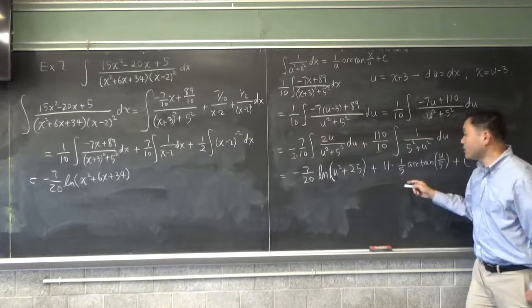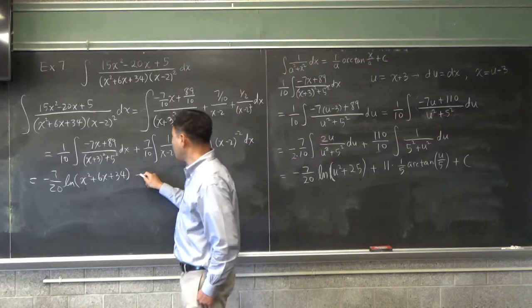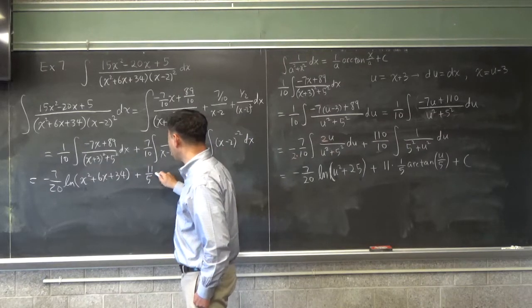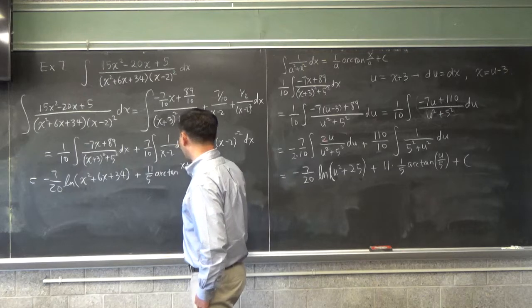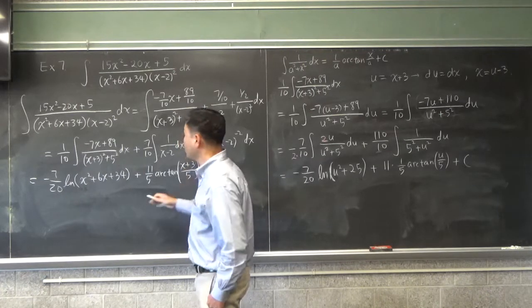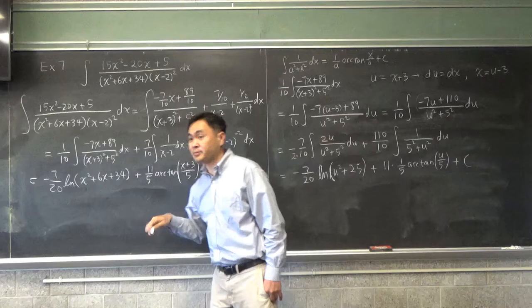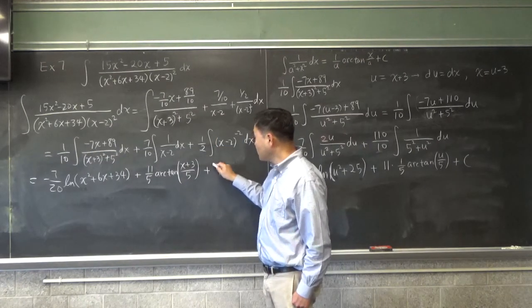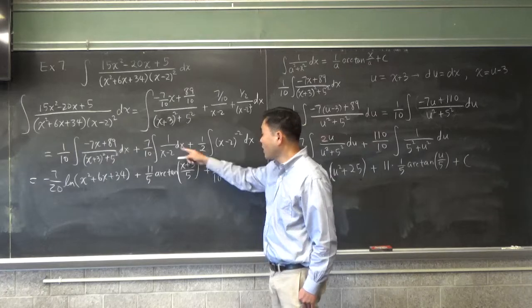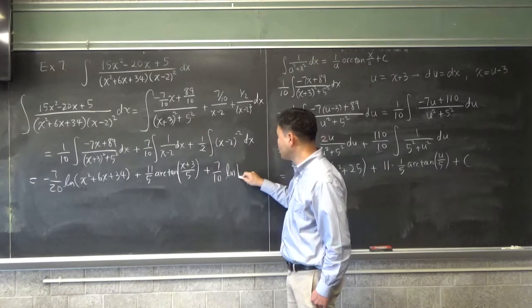And then you have plus 11 over 5 arctan of (x plus 3) over 5. And these two are from the first integral. The second integral, we already discussed, it's ln of the denominator.